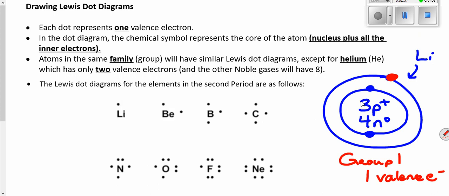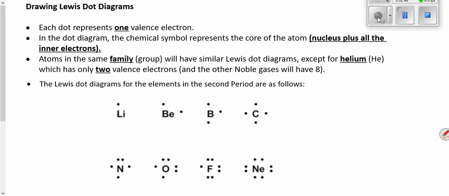And so I draw the symbol Li for lithium, and I draw just 1 dot, representing the fact that there's 1 valence electron in lithium. Beryllium, being in group 2, would be Be, the symbol for beryllium, and then 2 electrons. In boron, we put 3 because it's in group 3.